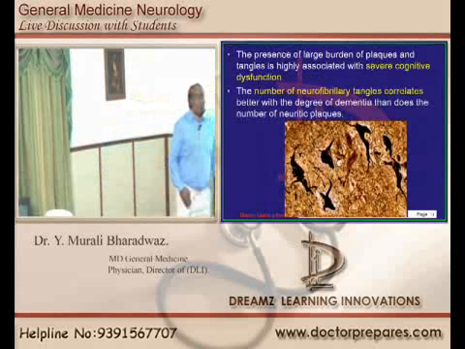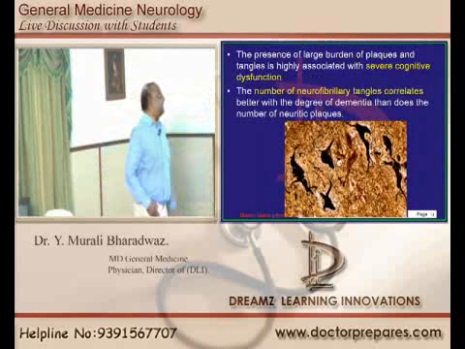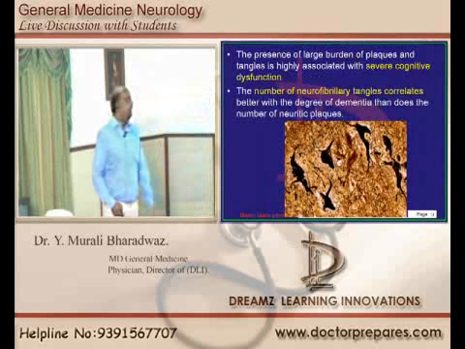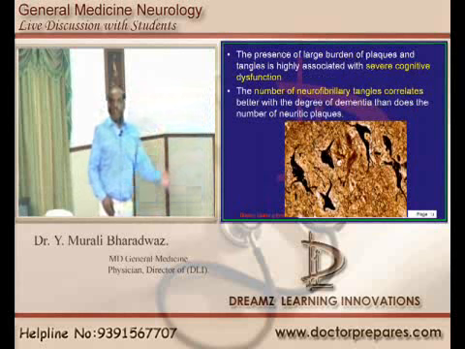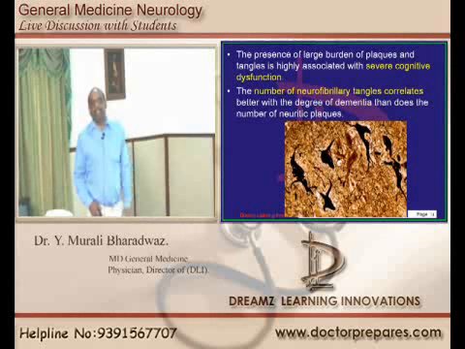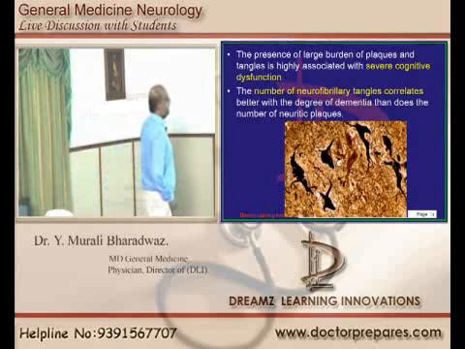Now if there are a lot of plaques or a lot of tangles, that means there is a higher amount of cognitive dysfunction, and the number of these neurofibrillary tangles correlates very well with the degree of the severity, is what you need to basically understand.